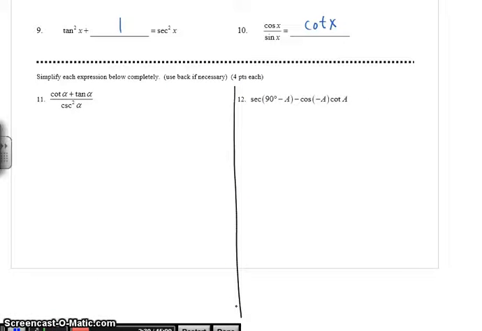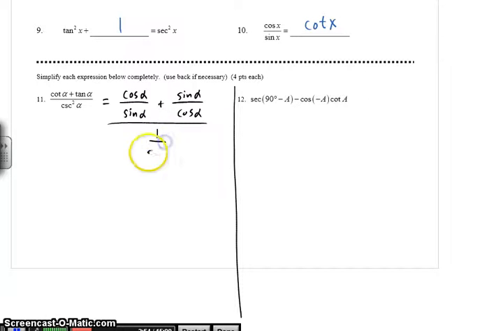The first one was probably harder than the second one. So you look at number 11, and you're like, what do I do? So do something. I'm going to go ahead and change everything to sine and cosine, and I have to make sure I do all that correctly. Cosine over sine plus sine over cosine, over 1 over sine squared theta. Now what I see is that this is dividing by a fraction, so I'm going to turn that into multiplying by the reciprocal.